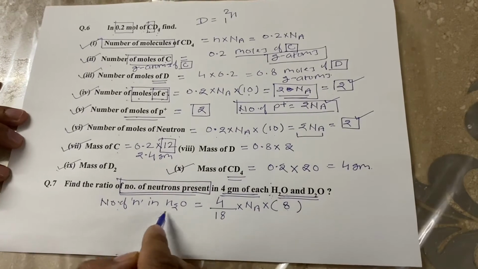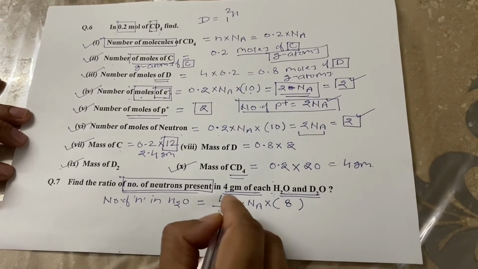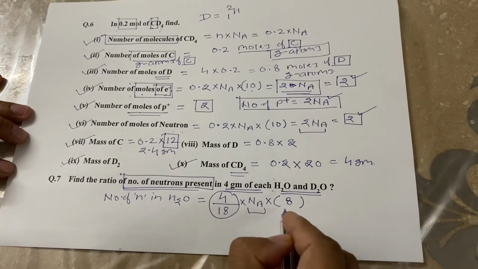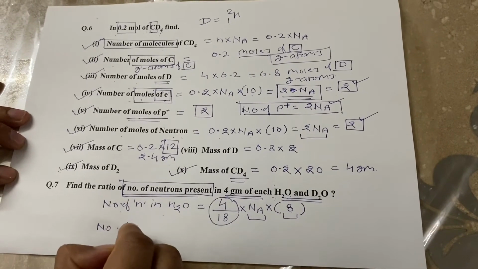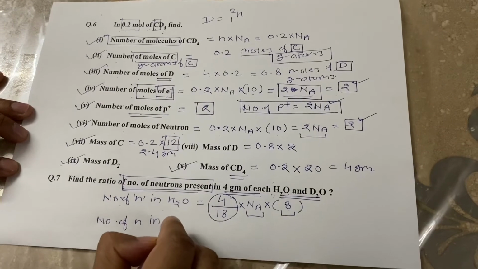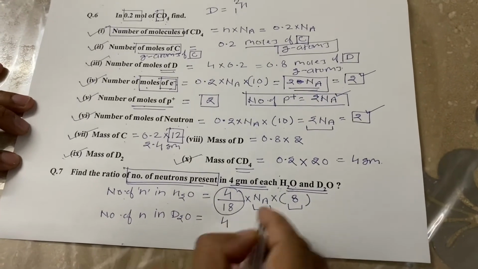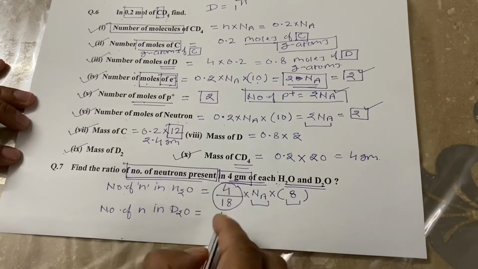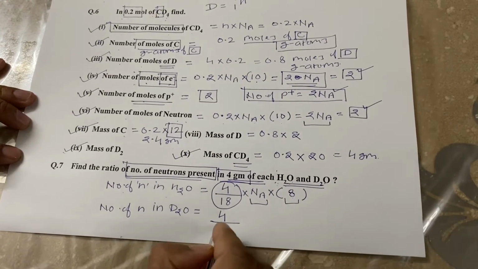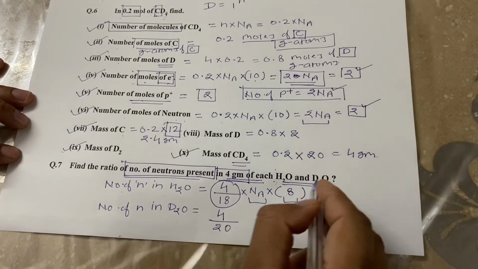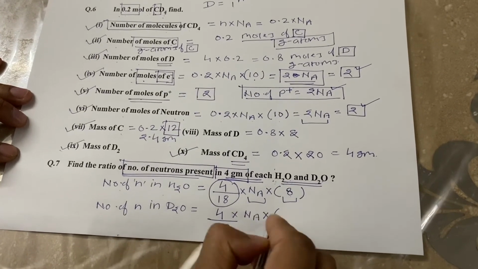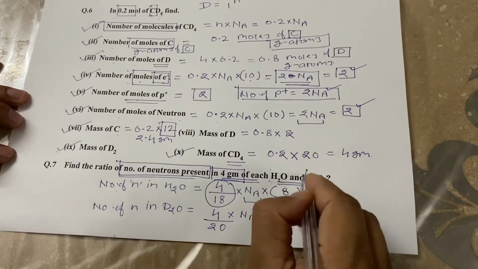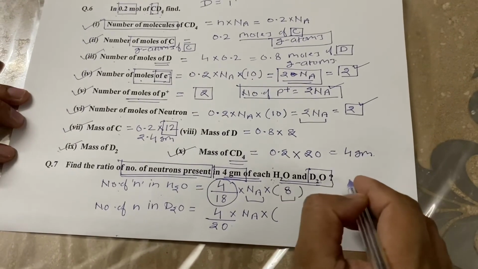So the number of neutrons in H2O will be 4 by 18, which is moles, into Avogadro's number into number of neutrons. And the number of neutrons in D2O, because 4 gram is given for each, the molecular mass of D2O will be 20, so it is 4 by 20 into Na into the number of neutrons. How many neutrons will be present in D2O?